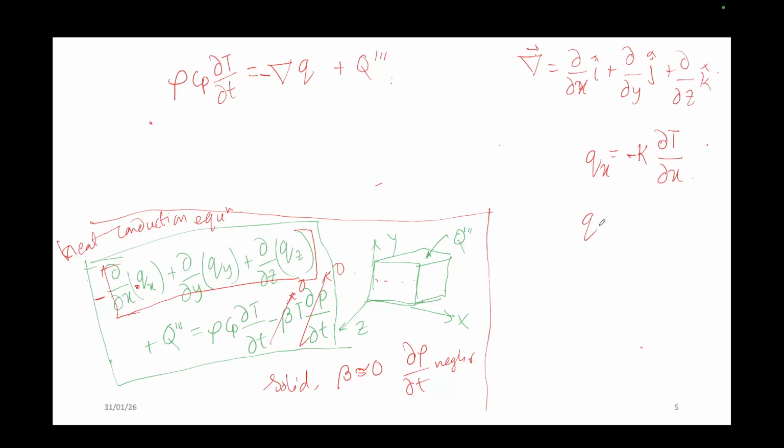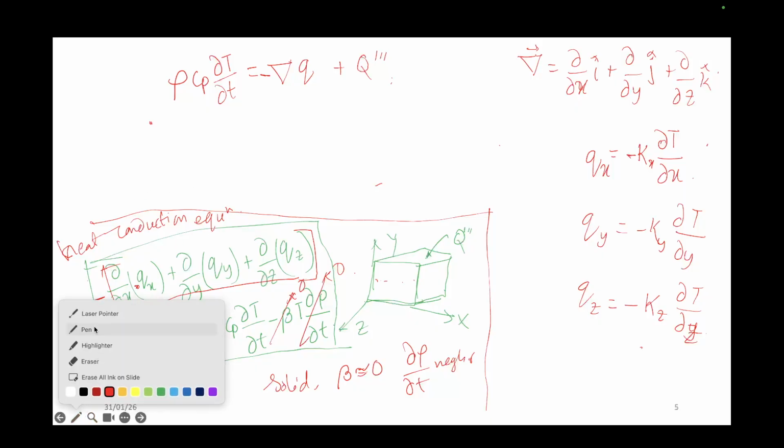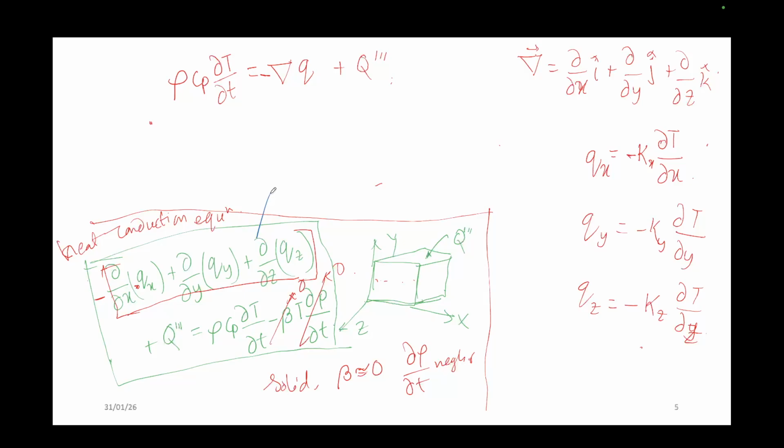Similarly, I can write qy is minus ky, right? qz is minus kz. Can I write? So from this equation that is written in green color, now this minus is there in all these three.